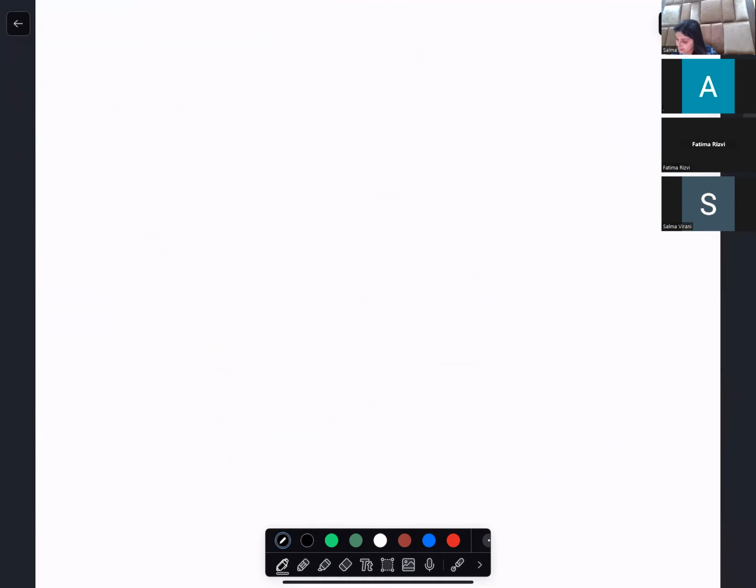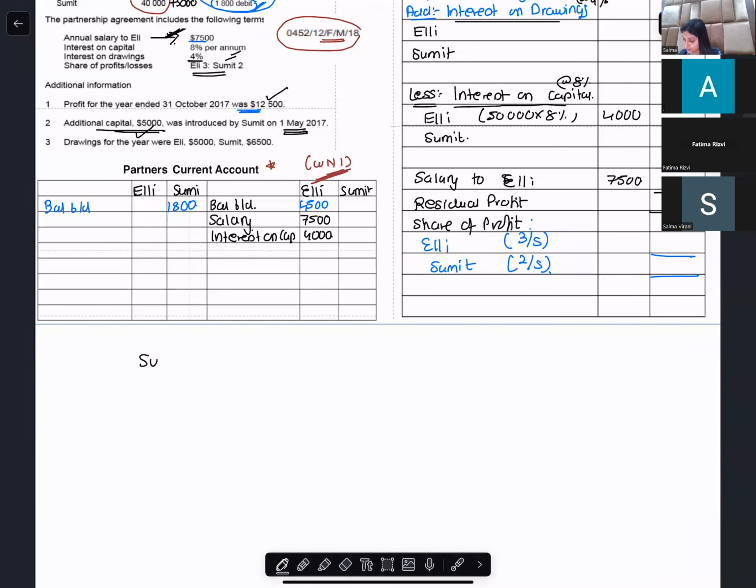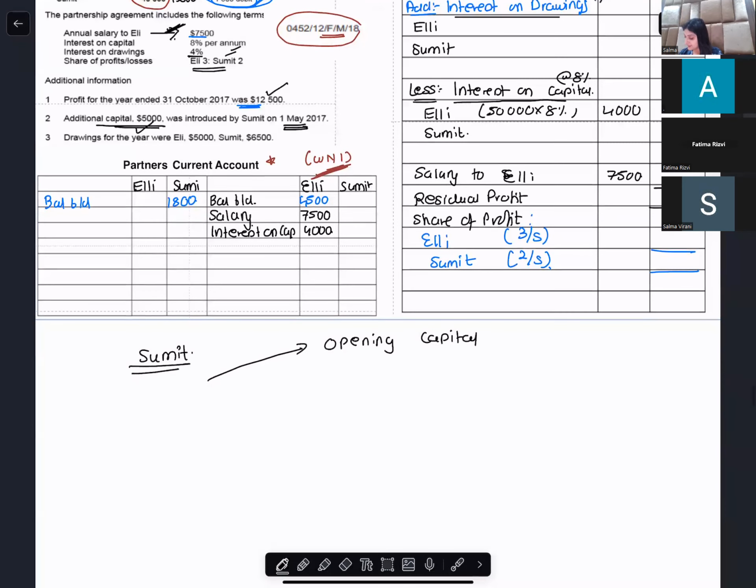So interest on capital will be calculated for two things separately. Opening capital separate and additional capital separate.